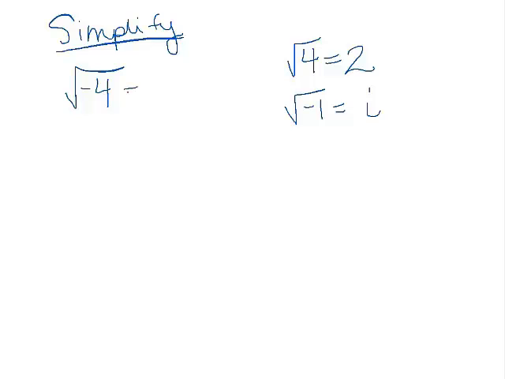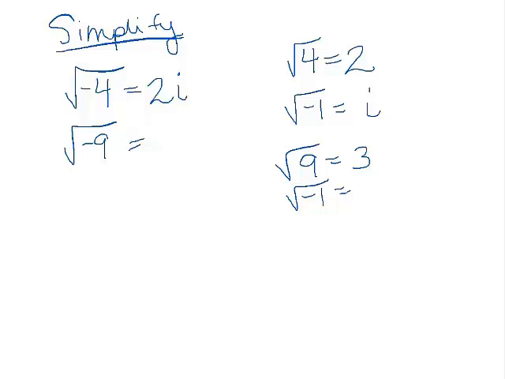So in this case, we would say that the square root of -4 is 2i. We would do the same thing with the square root of -9. The square root of +9 is 3, and the square root of -1 is i. So here our answer would be 3i.